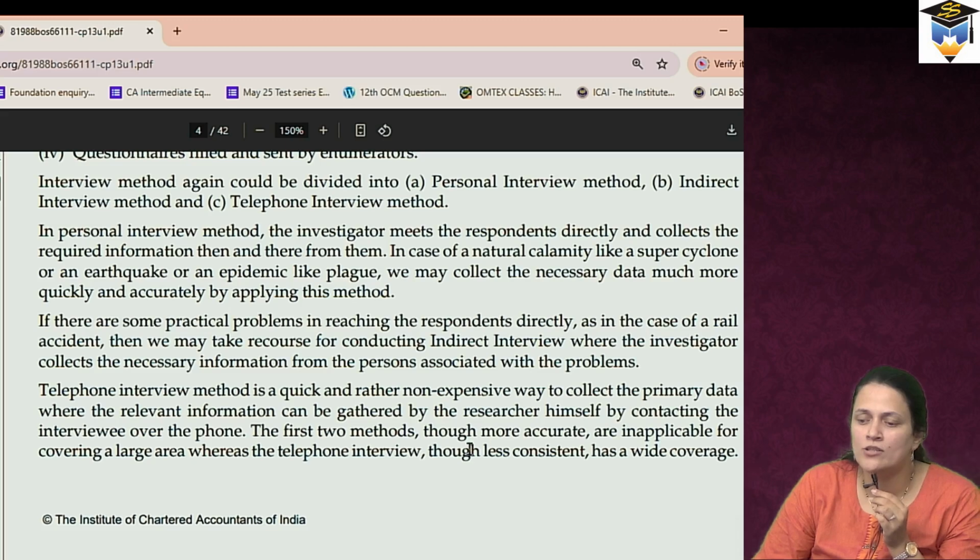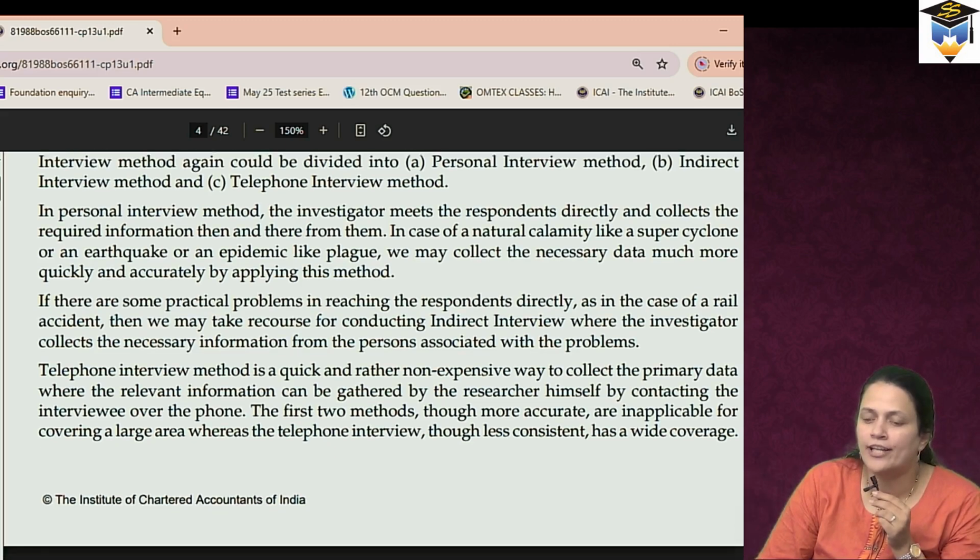The first two methods, though more accurate, are inapplicable for covering a large amount of data, whereas a telephone interview, though less consistent, has a wide coverage.